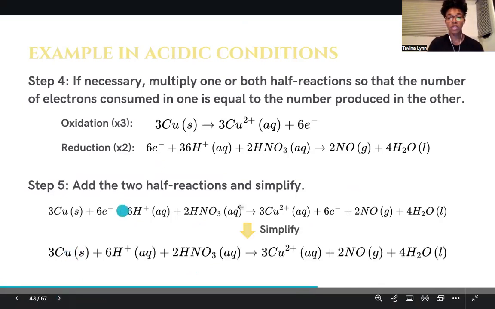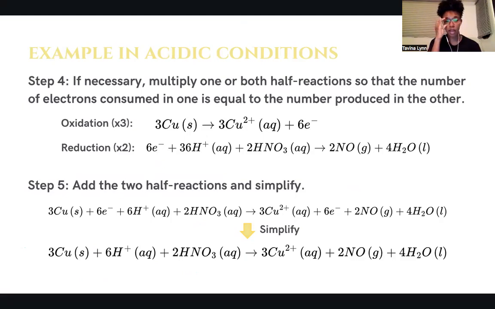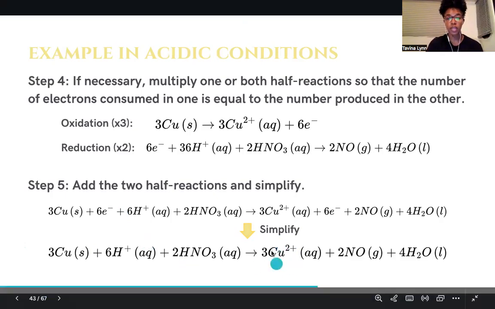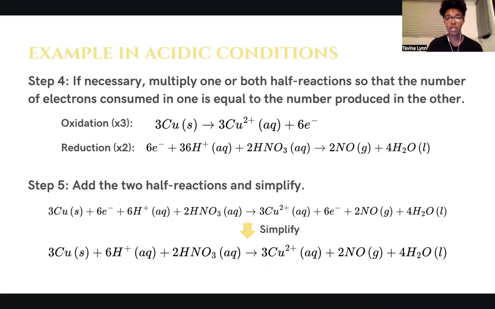So we can cancel out our 6 electrons. And this is what we are left with. 3 copper solid plus 6 protons plus 2 nitric acid yields 3 copper 2 plus ions plus 2 nitrogen oxide plus 4 waters. So this is our balanced redox reaction.